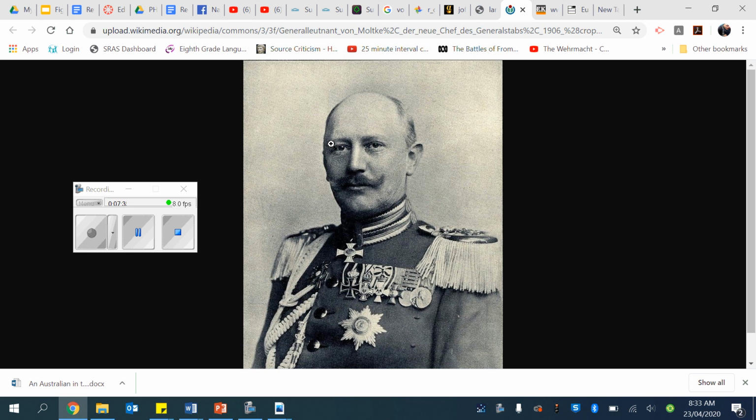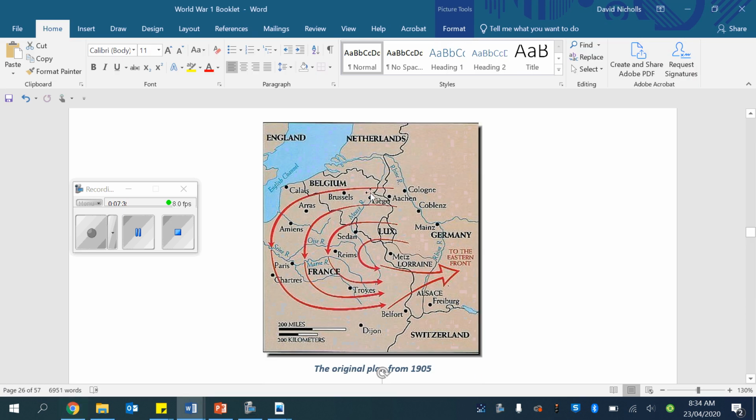Okay, so let's go back to our plan up here. He sees this thrust through the Netherlands, or through Holland, as too risky. Okay, he doesn't want to declare war on the Netherlands as well as Belgium, as well as Luxembourg, as well as France, potentially as well as England, and as well as Russia.